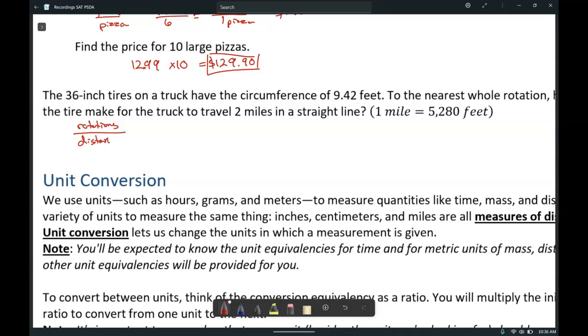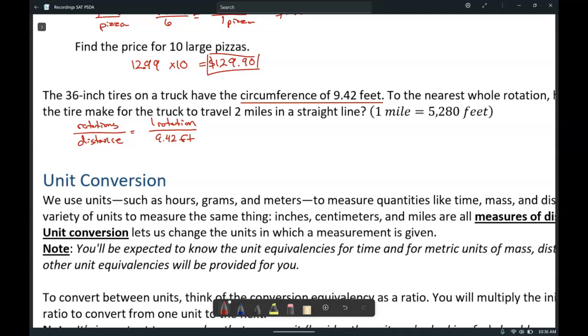Now we know that one rotation is a circumference of 9.42 feet. So we need to figure out, to the nearest rotation, how many rotations must the tire make for the truck to travel 2 miles in a straight line.